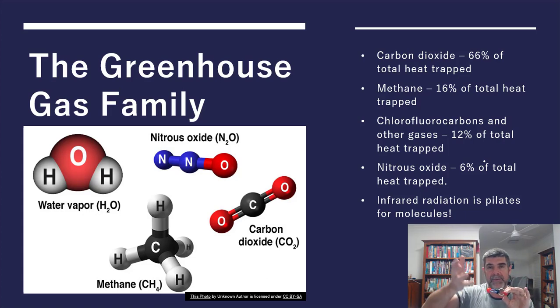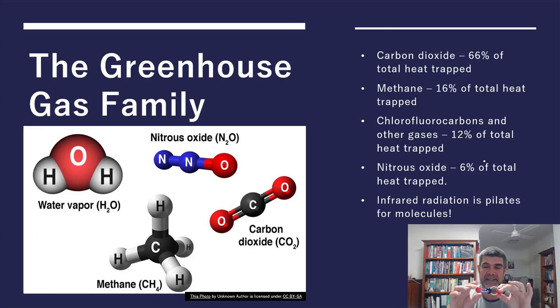So the radiation that comes in hits the surface and converts to a slightly longer wavelength, often infrared radiation. And what it does is it makes these little guys do a bit of Pilates. So they start to wiggle in different frames. They can also move backwards and forwards a little. I can't really show that with the model kits, but they do all sorts of wiggling and wobbling around.